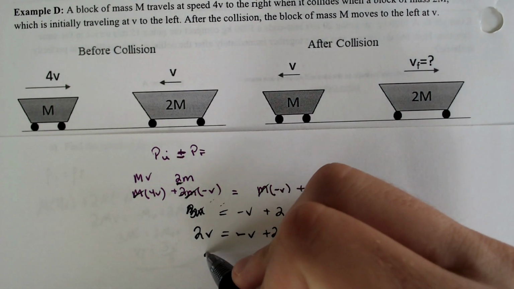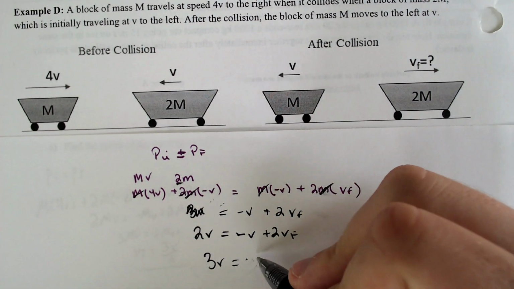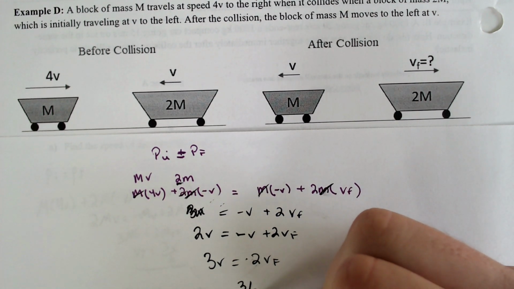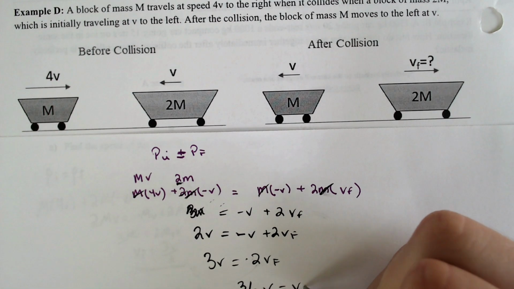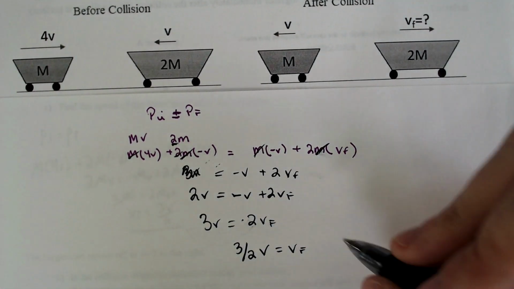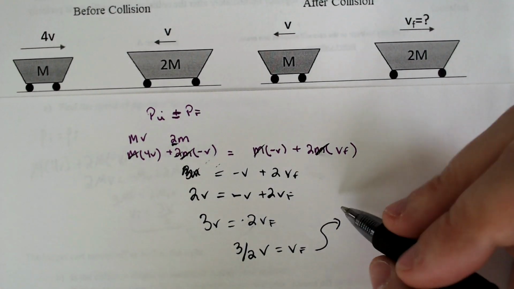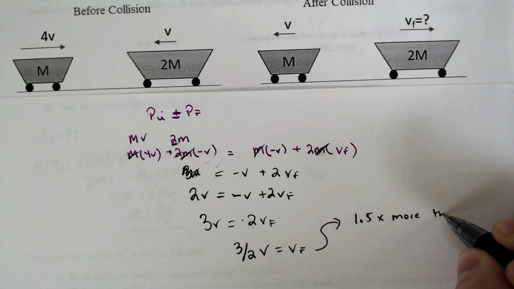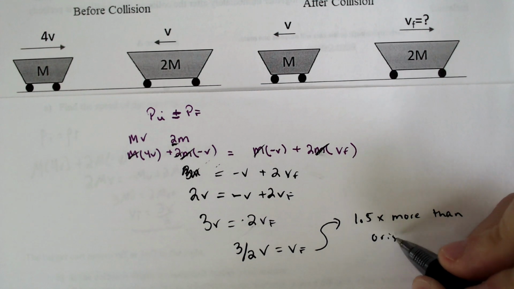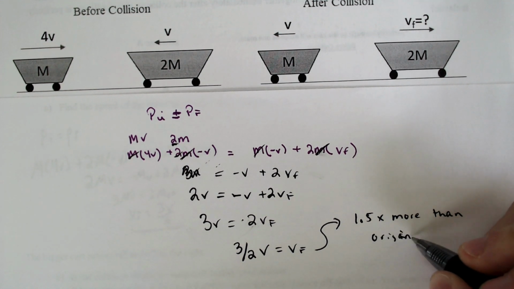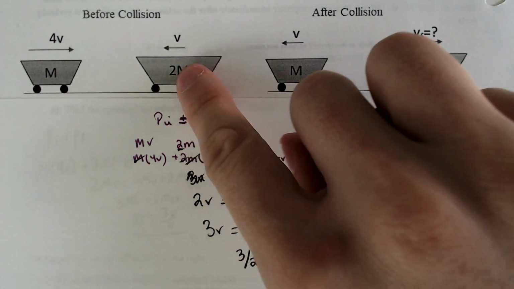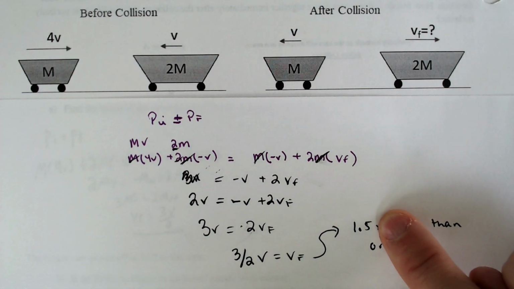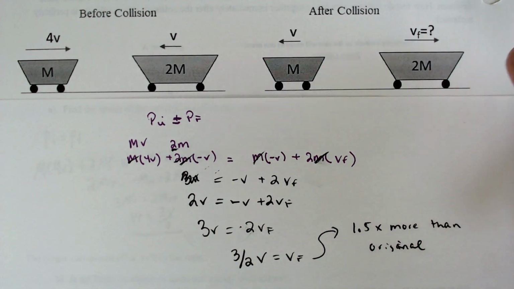Add v over, you get 3v is equal to 2vf, which means 3 over 2 v will equal the final velocity, which really means that the final velocity is 1.5 times more than the original. Not only that, but originally it was going to the left by v. Now it's going to the right by 3 over 2, or 1.5 times what that original was, to the right.